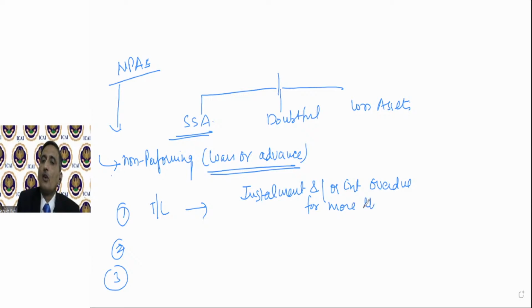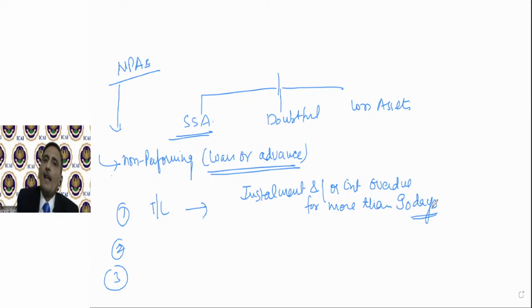So in NPAs there is this 90 days concept: if you have not paid installments for 3 months, more than 90 days, then the moment you cross 90 days, your term loan account would become NPA. The bank would classify it as NPA.